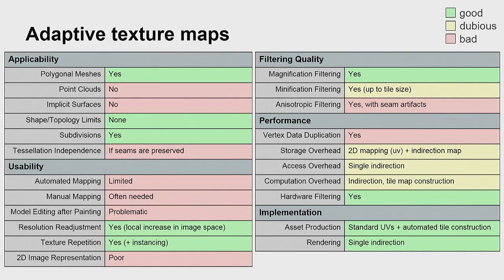And since it's using 2D textures, you have the benefits of 2D texture representation, although you're sort of giving up your nice 2D image representation that you had with 2D textures. In terms of filtering quality, it has magnification filtering, minification filtering, but you have some typical seam artifacts, right? You're going to pay the cost of indirection in terms of performance. There is that as well. But in terms of implementation, it's very, very simple, right? You can take your existing 2D texturing pipeline and start using adaptive texture maps fairly easily.